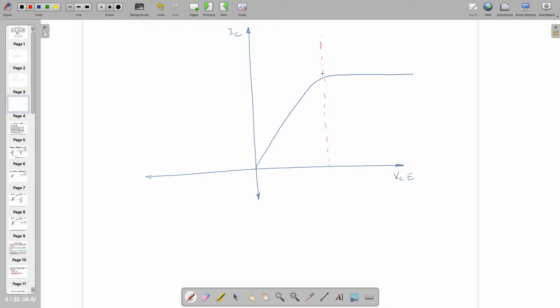Do you know the correct one? The line will have some slope. This particular effect is known as early effect. You studied early effect, okay, very nice. So if you have studied this early effect, let's forget about early effect then.